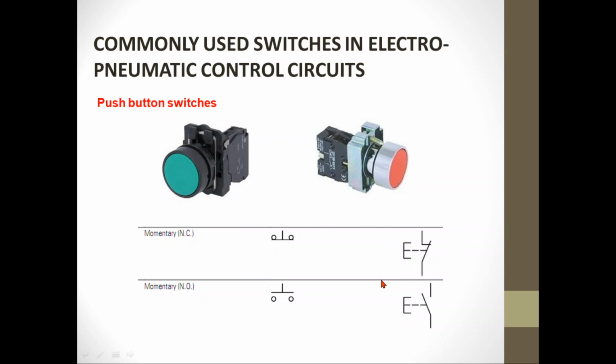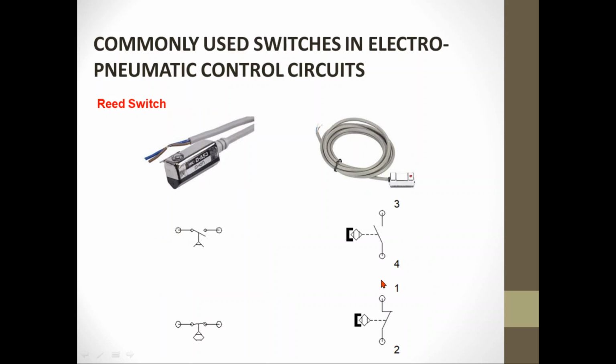IEC. Okay, so now another type of switch that is being used in electro-pneumatic systems is the reed switch. The concept and the operation of a reed switch will be discussed later on. The equivalent symbol for a reed switch in NEMA classification is given by this one. So you have there normally open and normally closed.